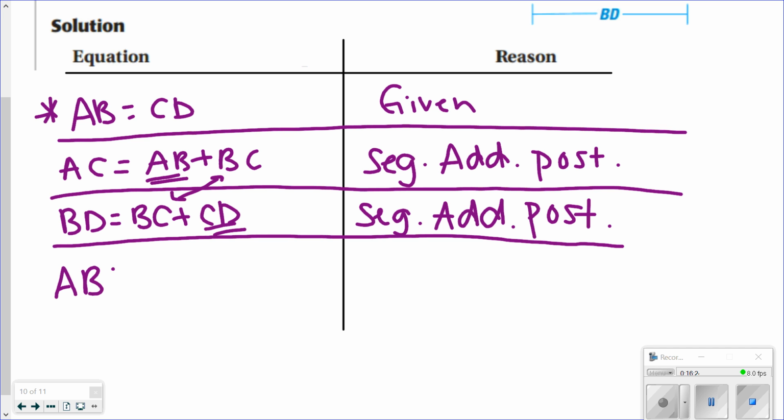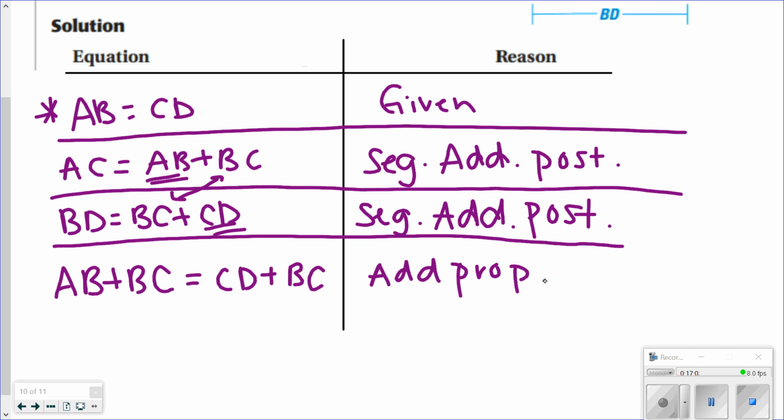AB plus BC is equal to CD plus BC. The reason I can do that is, I shouldn't say substitution, I'm just taking those two equations, AB plus BC and BC plus CD, and putting them together by the addition property.